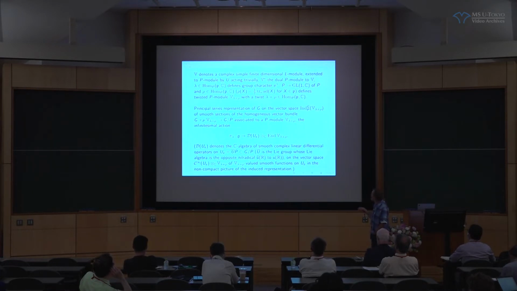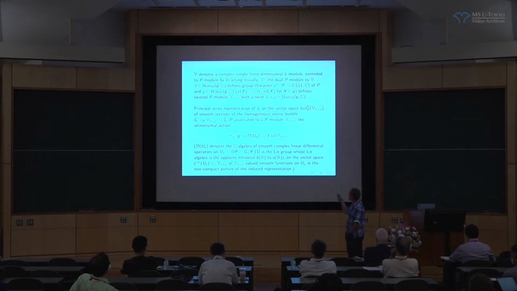So let V denote a complex, simple, finite-dimensional L-module extended to a P-module by U acting trivially, and V superscript star denotes the dual P-module to V, and lambda, which is an element of the homomorphisms on the Lie algebra of the parabolic subalgebra P with values in C, defines a group character denoted by exponential of lambda of P. And we will also need that rho shift.